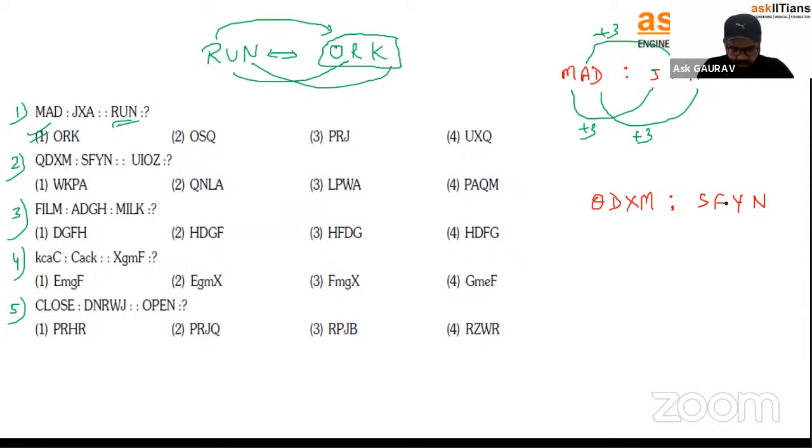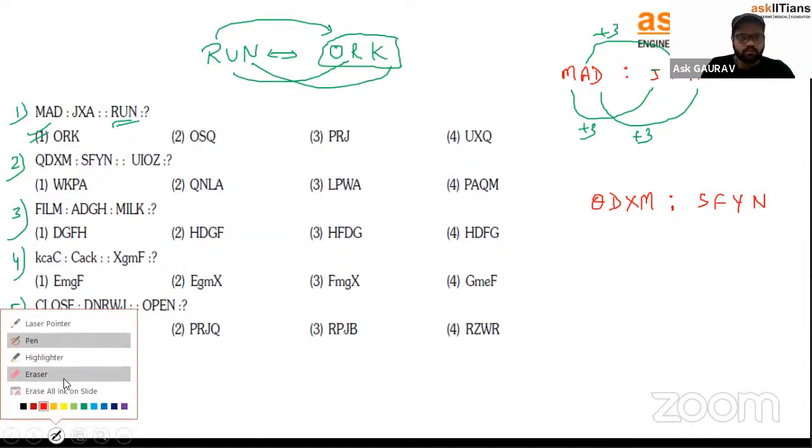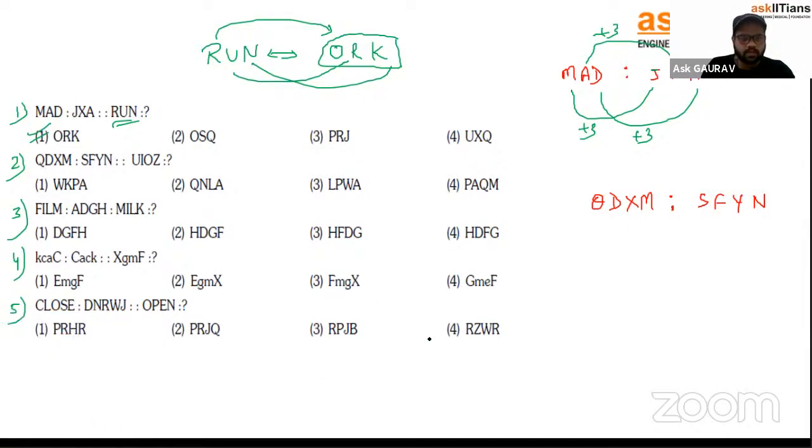See, how do you reach from Q to S? Read PQ, then RS, basically plus 2. For D, A, B, C, D, then E and F, plus 2.